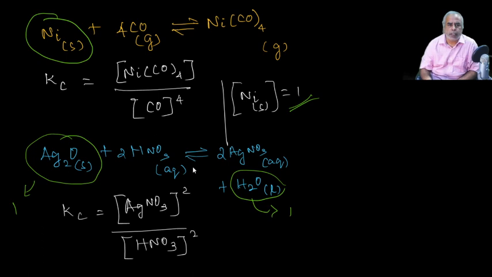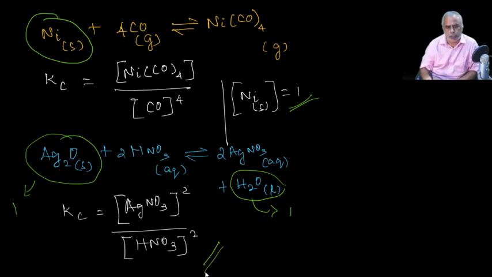Next, in the case of silver oxide combining with nitric acid to form silver nitrate, this is also a heterogeneous equilibrium where Ag2O is solid and for water it is taken as unity. Therefore, you have to consider HNO3 and AgNO3 only. So Kc for this is the concentration squared of AgNO3 divided by the concentration squared of HNO3.